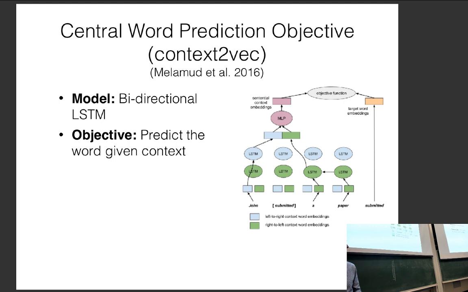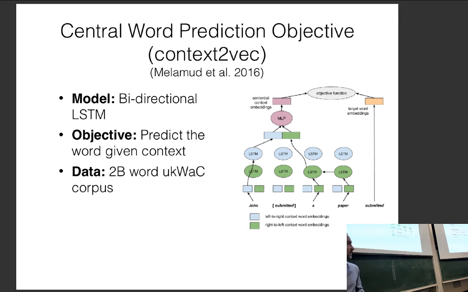So you take a left-pointing LSTM, you take a right-pointing LSTM. You don't take any of the information about the word itself. You take one step to the left with the forward LSTM, one step to the right with the backward LSTM. You concatenate them together, you put them through an MLP, and you try to predict the word in the middle. So it's basically word2vec, right? It's a word2vec CBOW model, except instead of CBOW, it's just an LSTM on either side.